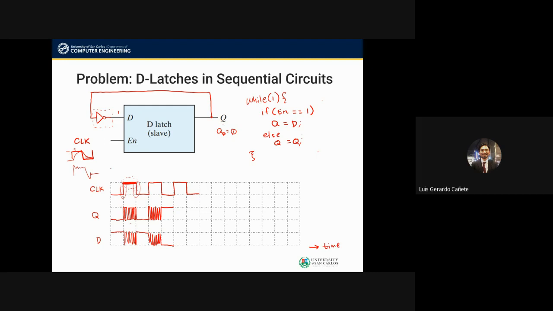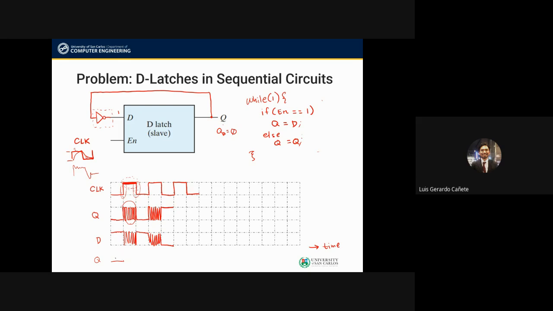The problem with latches is that if you use a latch here, these transitions are not part of the design. They happen because of the property of the D-latch. What we originally wanted was that when the clock would be enabled, we would copy the value of Q and invert that.